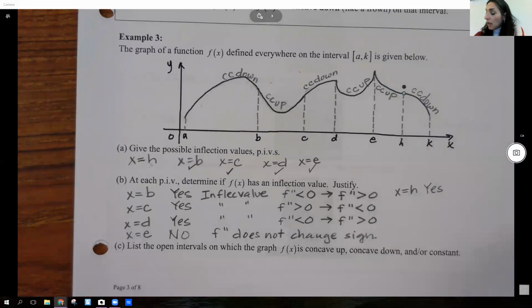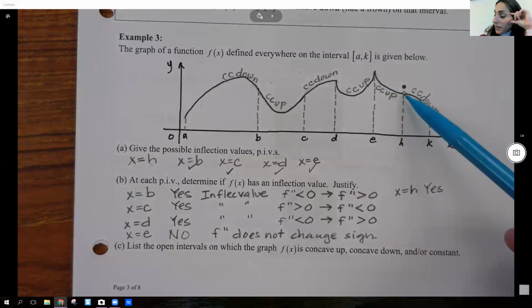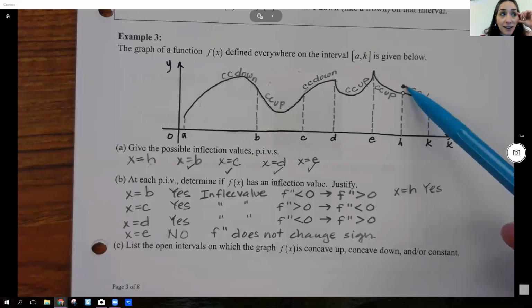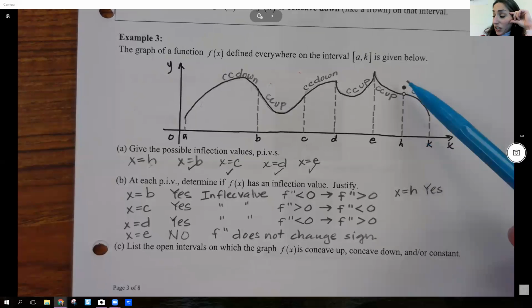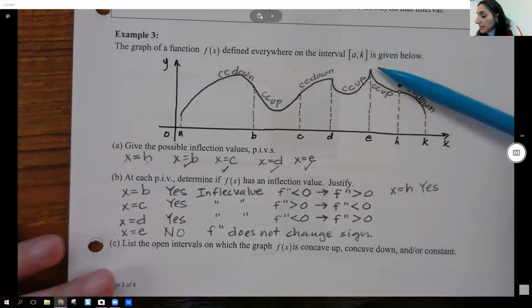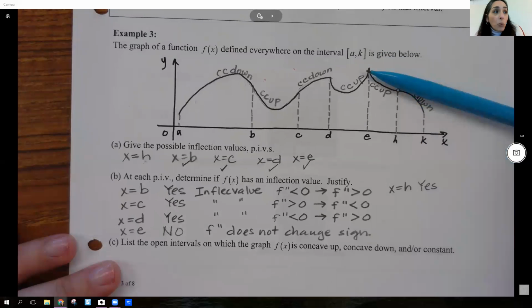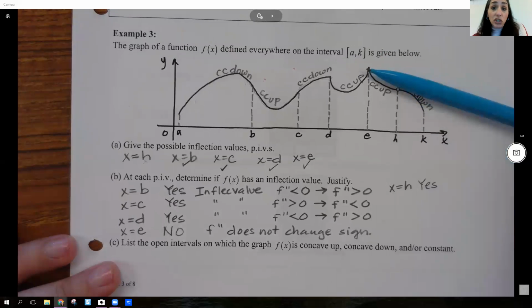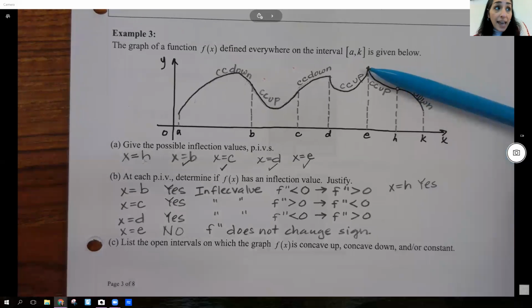Now, the only reason we get away with this is because there actually is a dot that defines X equals H. If that dot was not there, then we could not say X equals H, because that X value does not exist in the domain of this function.